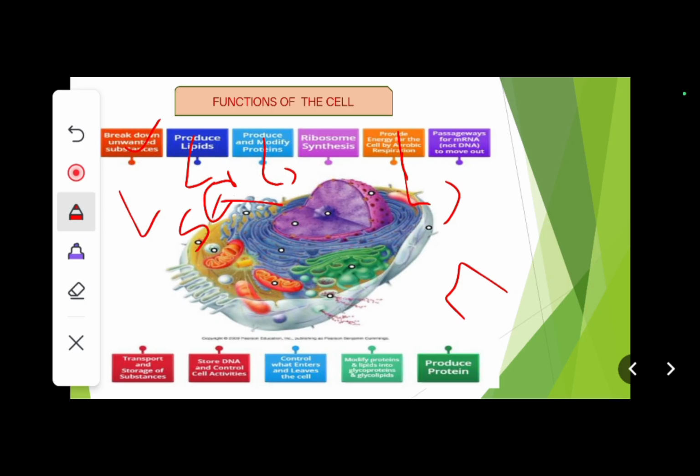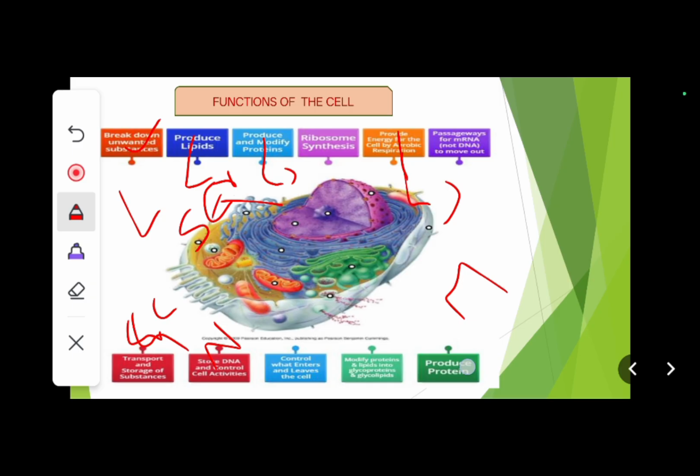And then transport and storage of substances. I already told you the post office of the cell is known as the Golgi complex. Then storing DNA and controlling cell activities is done by the nucleus. It controls all the work inside the cell, integration, cell activities, everything, and it also stores the DNA.